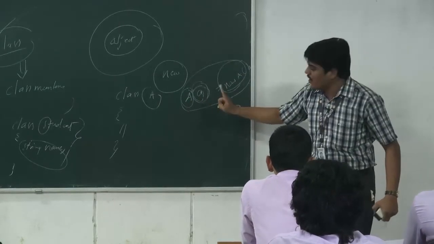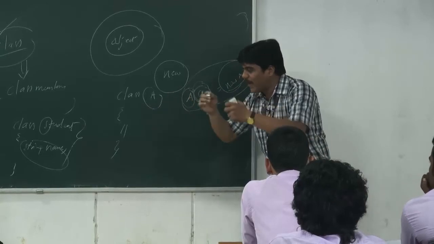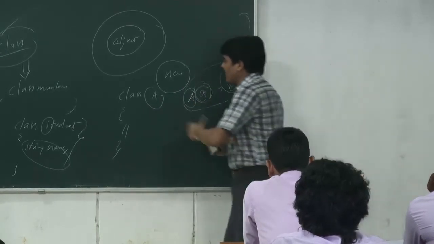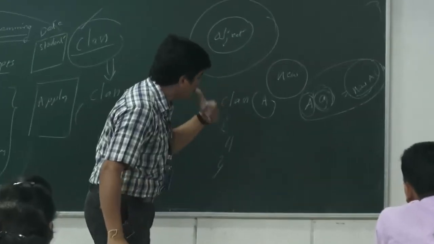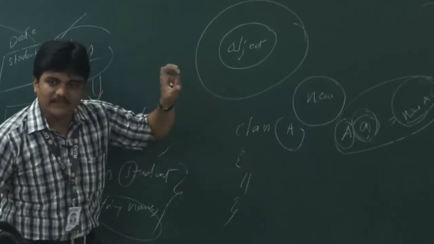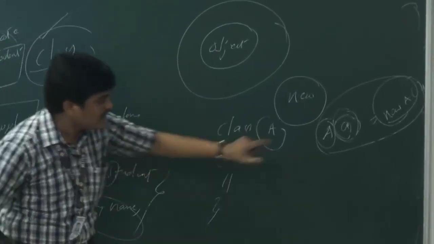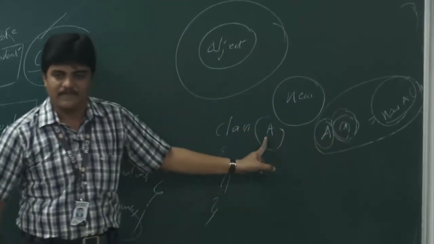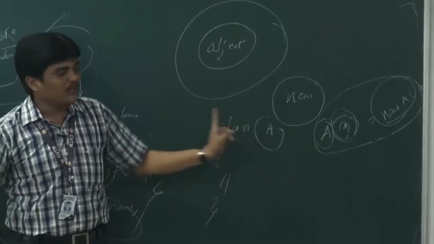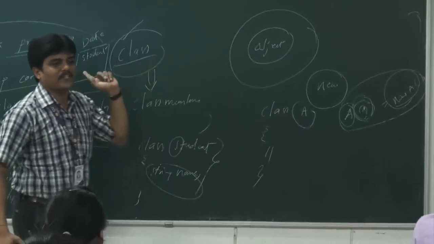The entire information of this class is packed into this object. So whenever any other class wants to retrieve this information or get the properties from class A, that class can only get the properties through the object reference of class A. All of you clear this one? Say yes or no? That is the importance of class and object.